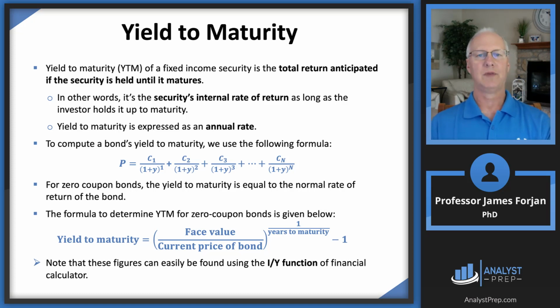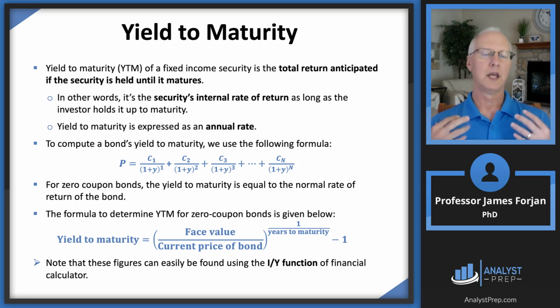Now, this concept of yield to maturity is one of the original ones that you discussed when your undergraduate finance professor talked about bond pricing. I always tell my students to think of the yield to maturity as the required rate of return on the bond. It's a little bit more complex than that, but I tell my students to think of it in this way.